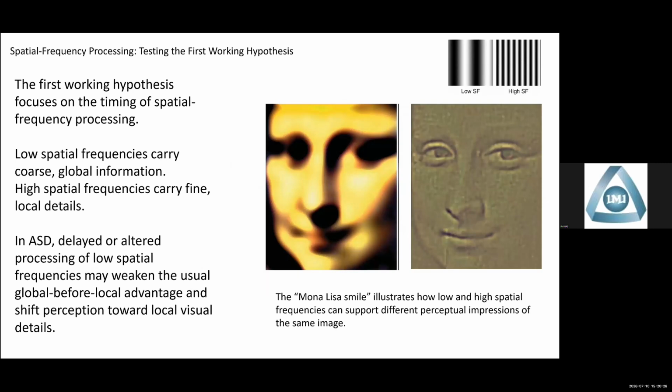Back to spatial frequency analysis and our first working hypothesis. The previous results in the literature on this topic make me think that people with autism tilt their head because they want to filter high spatial frequency content in the environmental scene.